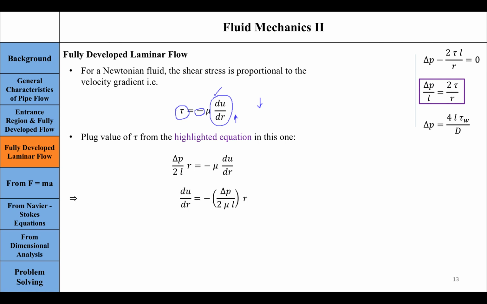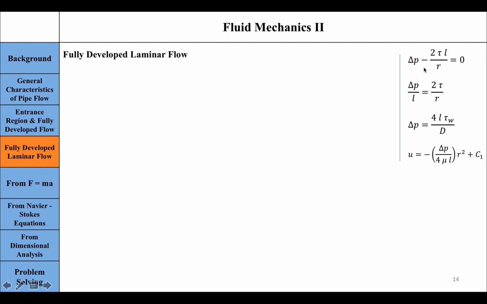Now we can simplify this in terms of just writing it as du by dr, and then simplifying the equation further, we can integrate both sides, and we find the relationship for velocity in terms of the constant of integration as well. So we need to find this term C1. What is this constant of integration? All of these equations that I'm deriving, I'm putting them onto the right side so it's easier for you to see what we're deriving.